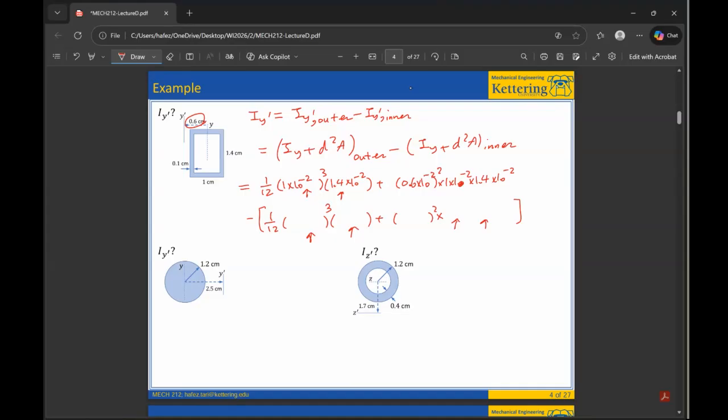So 0.1 is the thickness that should be subtracted from the two sides. So 1 minus 2 times 0.1 is 0.8. And the height of it, the same thing. 0.2 should be subtracted from 1.4, 1.2. And I put these numbers immediately here.